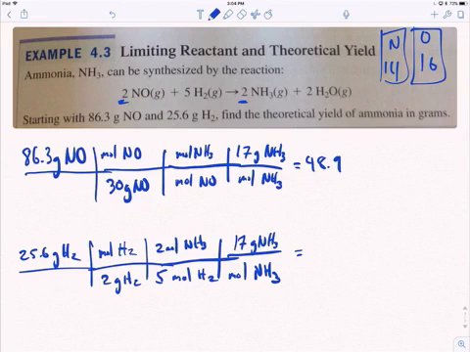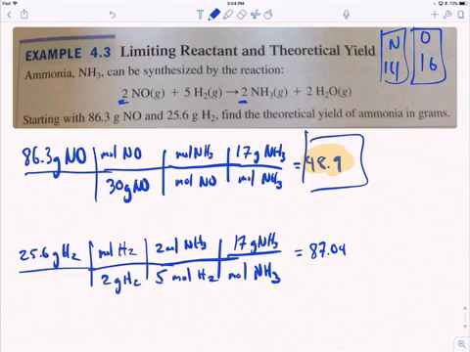And then 25.6 divided by 5 times 17 is 27.04. And which one do we choose? We choose the lower one. So our theoretical yield is 48.99. Why do we pick the lowest one? Because that's what you're limited by.